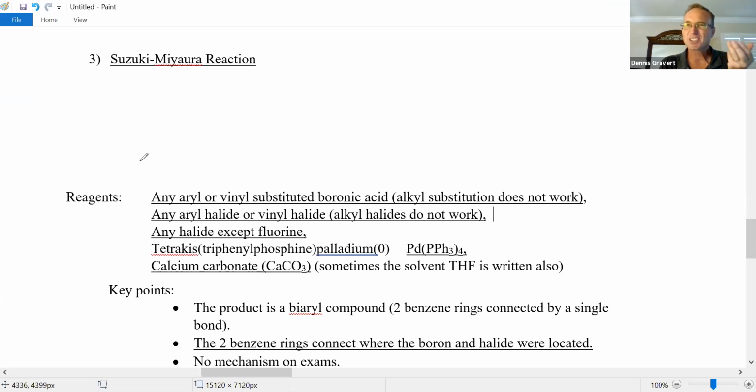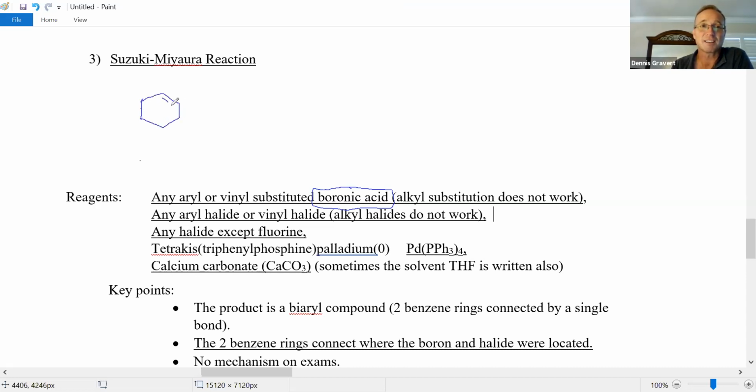Well, in the first year of organic chemistry, I mean, you and I, this semester and next semester, we really are not going to use this, because here's the reaction. You have to start with something called a boronic acid, which we haven't figured out how to make yet. So magically, it's going to show up here.